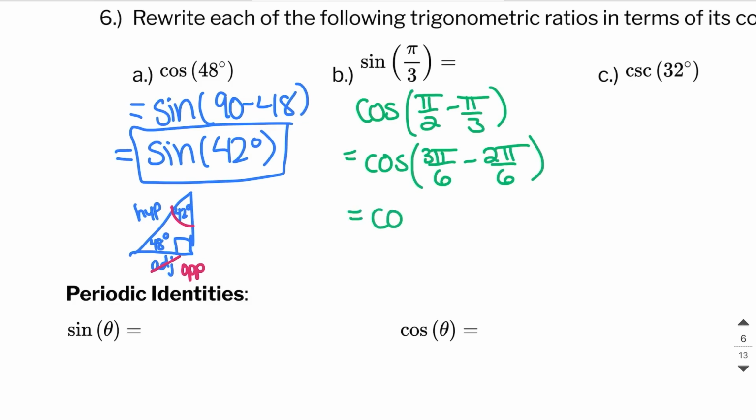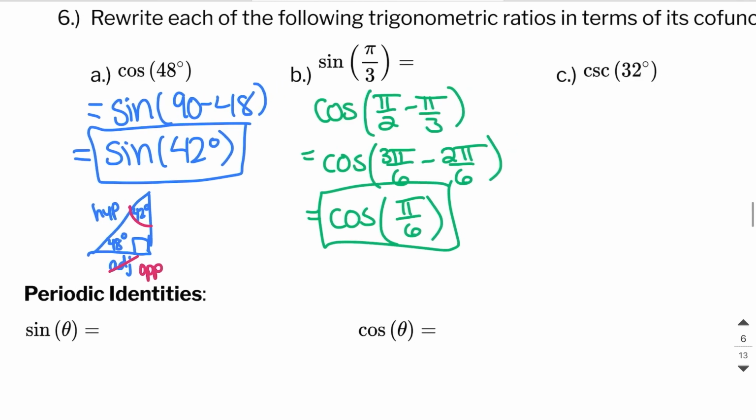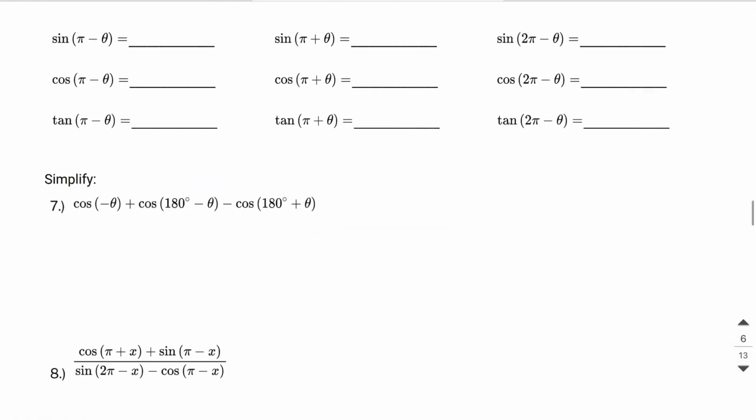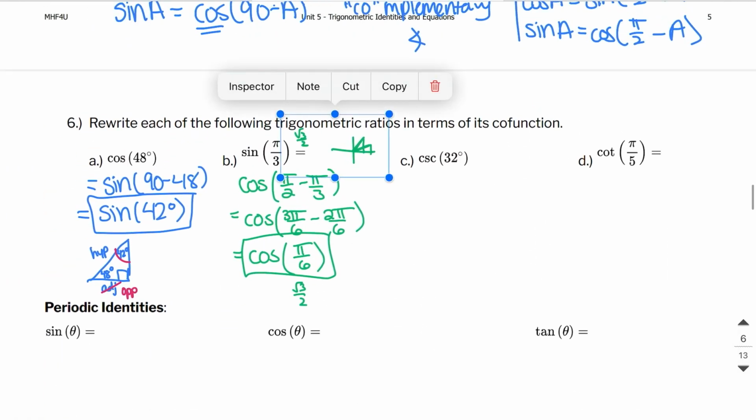So this means right here that the sine of pi over 3 is the same thing as the cosine of pi over 6. Okay? We know that from the unit circle as well, right? If I have the unit circle, the sine of pi over 3 is root 3 over 2. The cosine of pi over 6 is root 3 over 2. We know that those are the same ratios as each other.